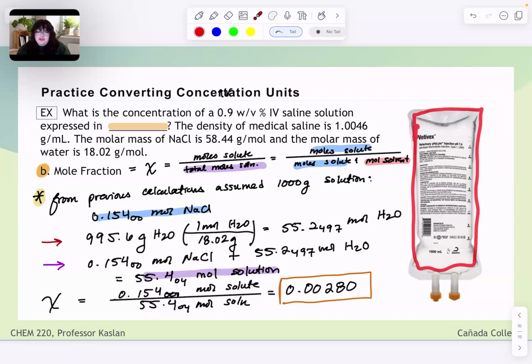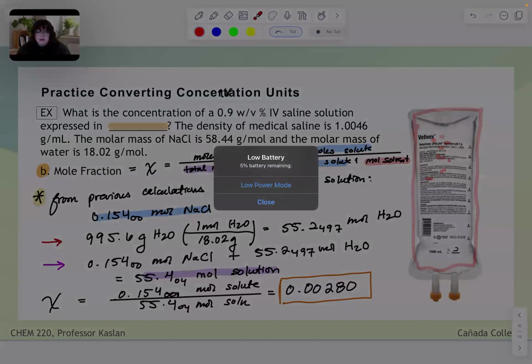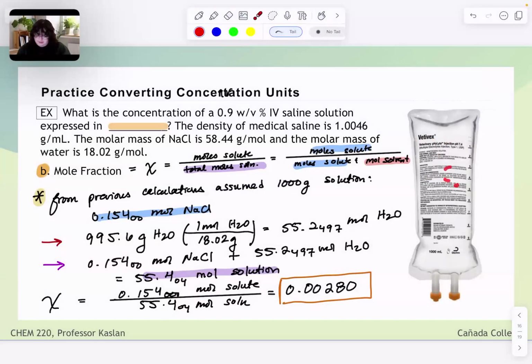So if you imagine all my moles of water present in here, and knowing that a couple of those moles are NaCl, we would expect the fraction to be very, very small. So this value makes sense to me. Yeah, it's a really small fraction, but expressed as a mole percent, that'd be 0.28 or 0.3% moles, not mass. So this seems to be in the realm of we're doing things okay. So this is how we would do mole fraction.